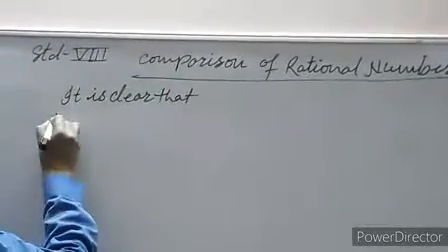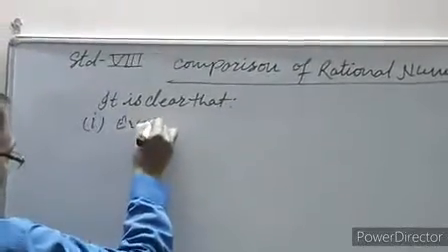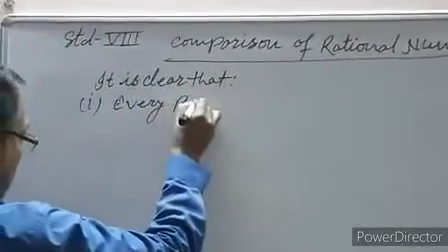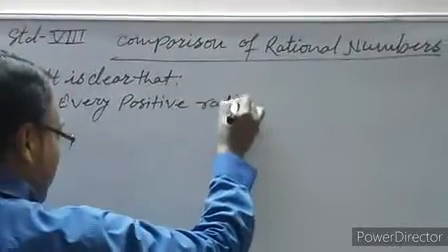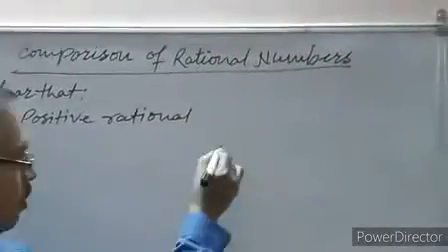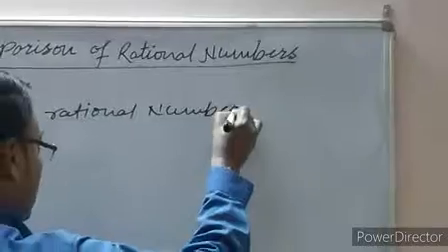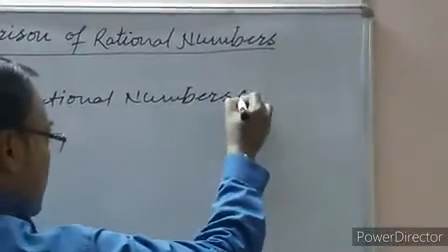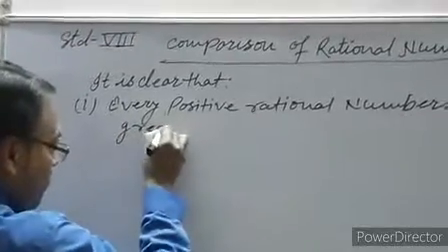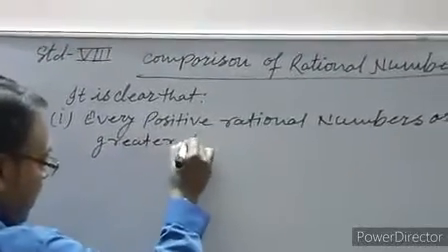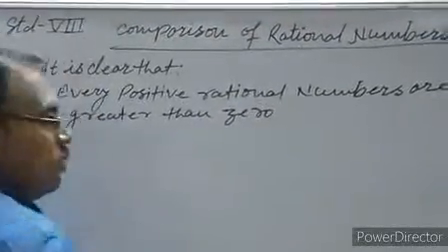It is clear that, first point, every positive rational number is greater than 0.